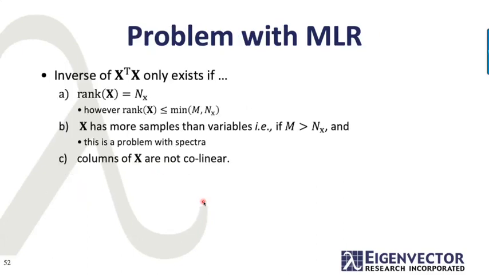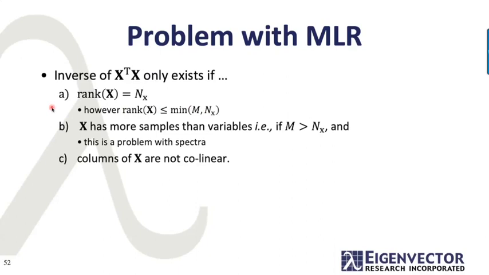The problem with MLR, that inverse is only going to exist if the rank of X is equal to the number of variables in X. And that is the number of independent variations in the data. Well, the first problem is that the rank of X is always less than or equal to the minimum of the number of samples and the number of variables. That's my M and my NX here.